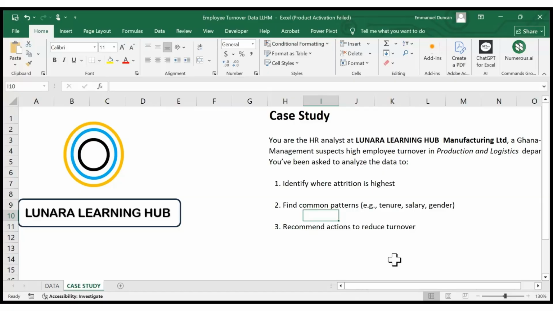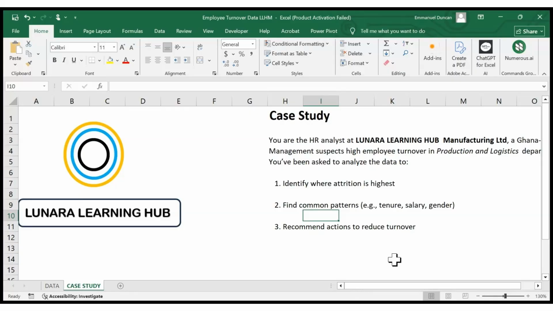I'm going to walk you through a case study for one manufacturing company in packaging, and they had an issue with high turnover. Management suspected that this high turnover could be a result of employees leaving certain departments.